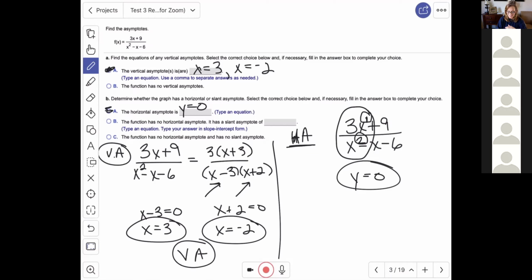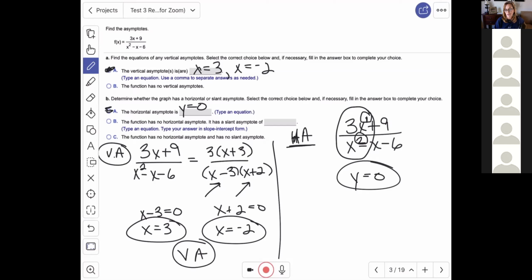So when I looked at this and saw that it was squared in the denominator and only to the first power in the top, I knew that it went to 0. And that's horizontal. If they had been the same, let's just say this function said 3x squared over x squared, then you pick the numbers that come in front, 3 over 1.